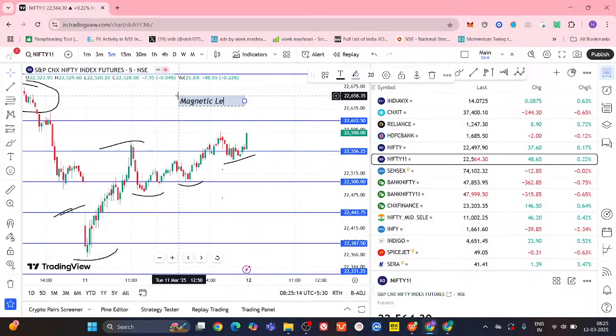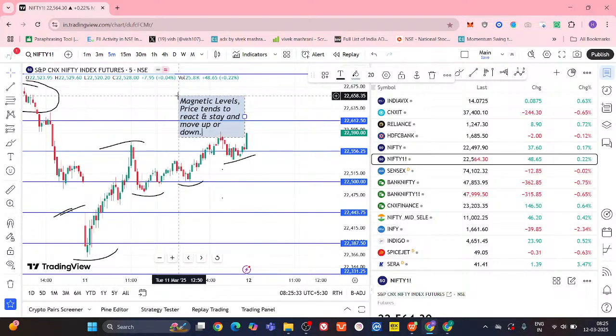As I mentioned, these are magnetic levels. Price tends to react, stay, and move up or down.